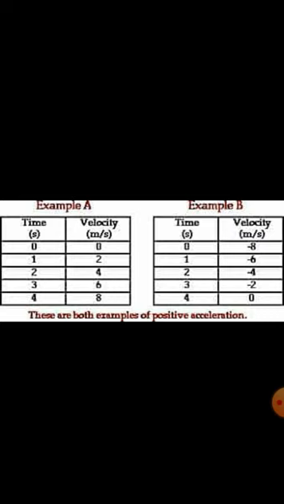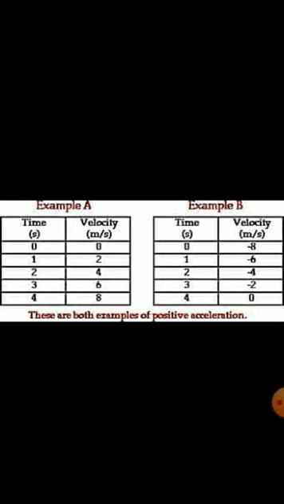You can look at the examples A and B. In the example A, you can find that the velocity is increasing with time from 0 to 2, 2 to 4 meter per second, then to 6 meter per second, and then 8 meter per second. The change in the velocity for any time interval will always remain positive.